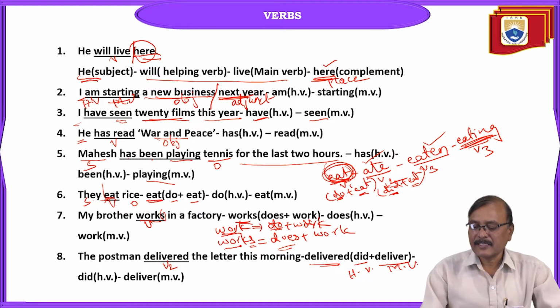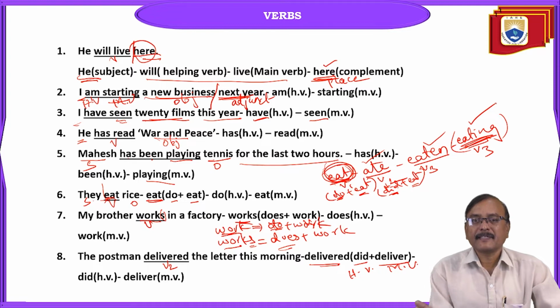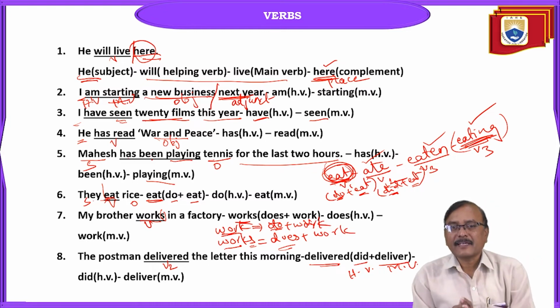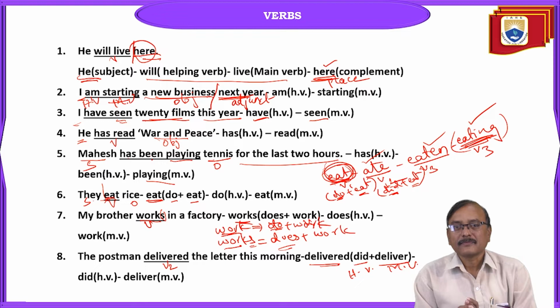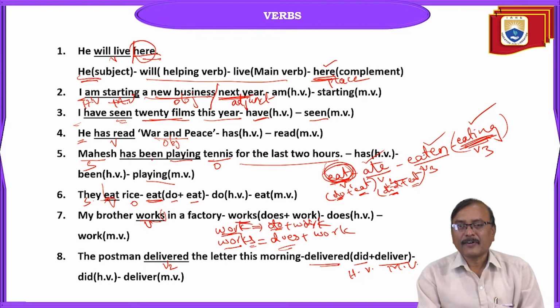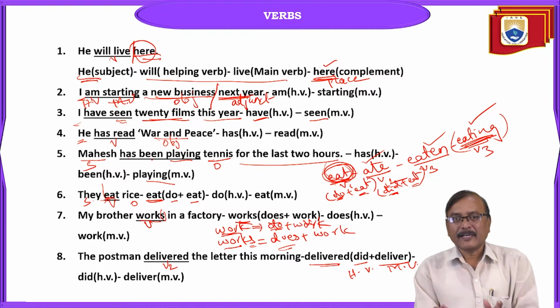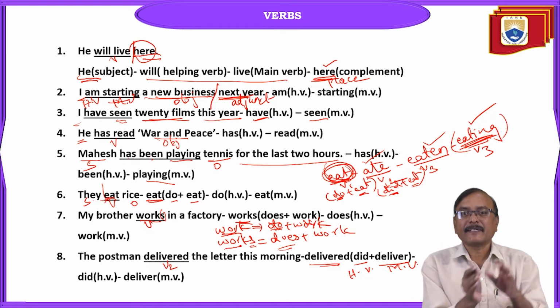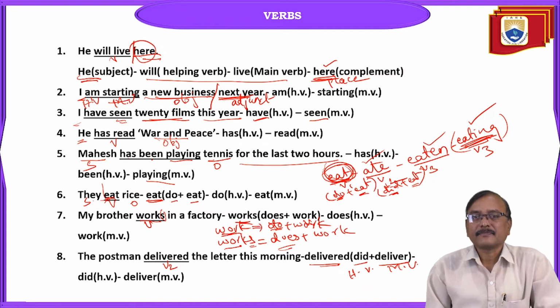If it is continuous, we use the main verb in the -ing form, preceded by some helping verbs. So that's why, according to the period of the action, different verb forms of the main verb are used within a sentence, and those are often preceded by helping verbs. Are you getting me?